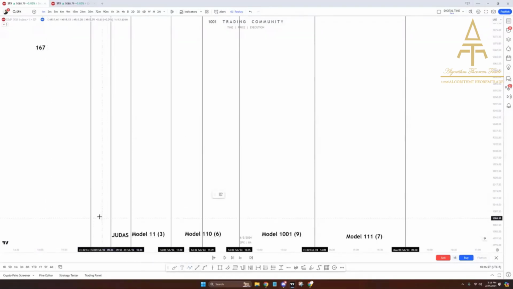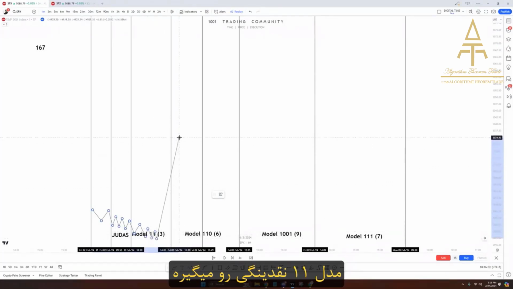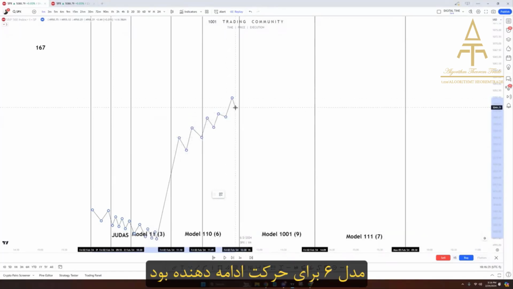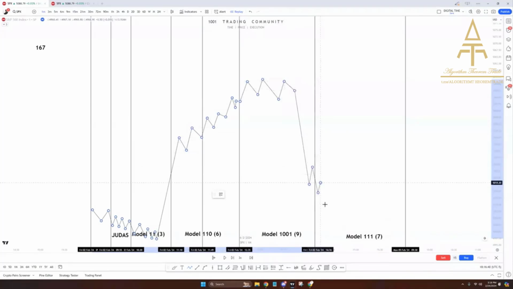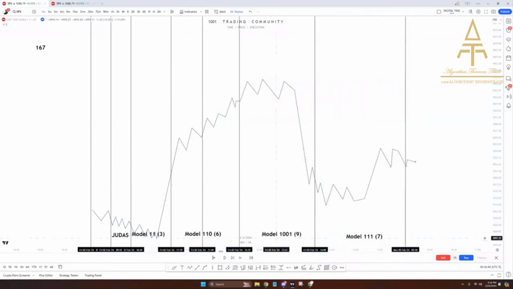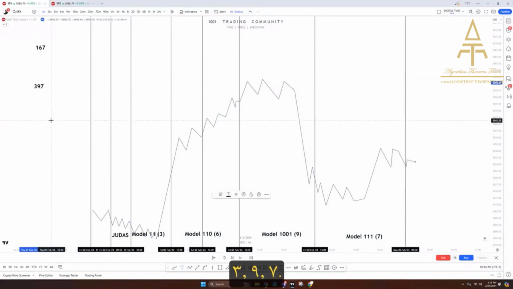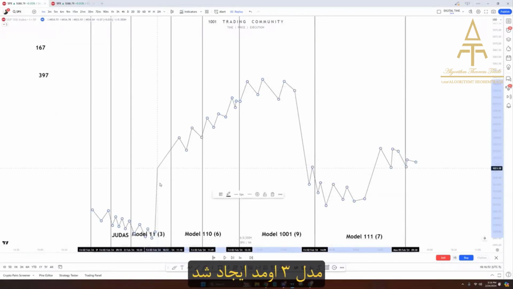Next example. Price keeps building buy side. Model 11 takes it out. Model 6 is used for continuation. Model 9, distribution. Model 7, slight retracement. What is this? 3, 9, 7. Model 3 took place.